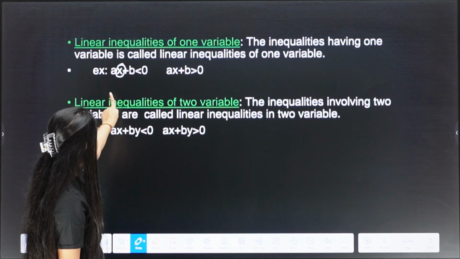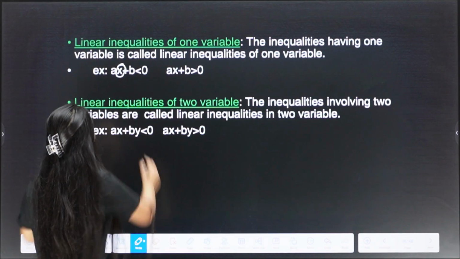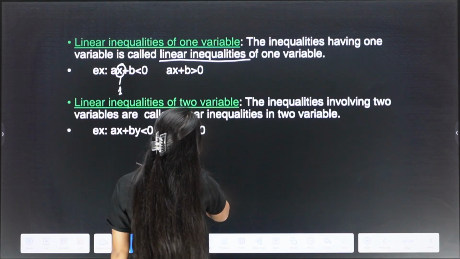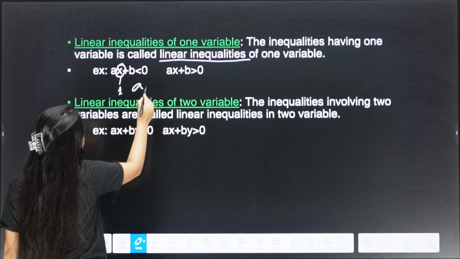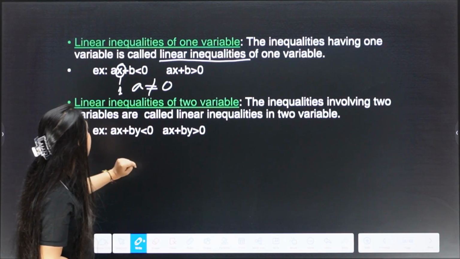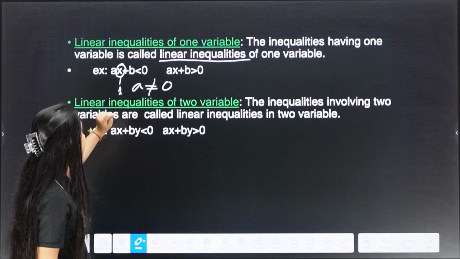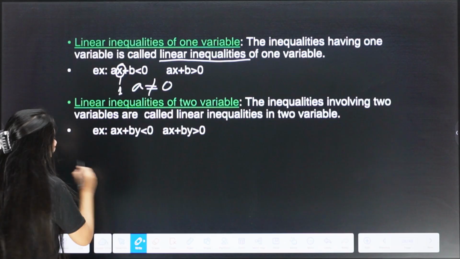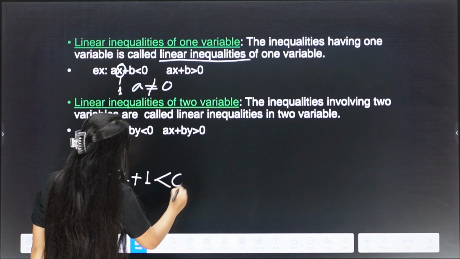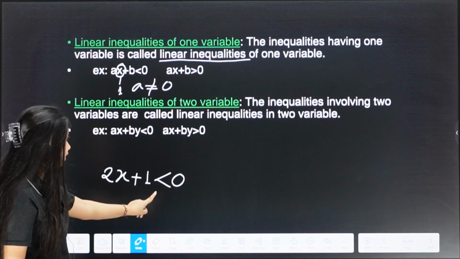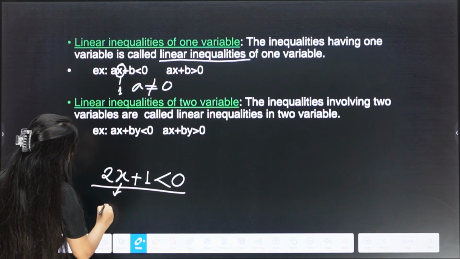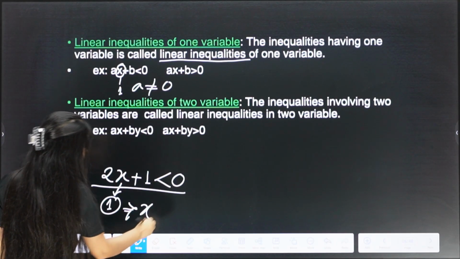Here a should not be equal to 0, because if a is 0, then it would be b less than 0, so it will not have any variable. For example, we have taken 2x plus 1 less than 0. This is an example of a linear inequality, because we have one variable, that is x.